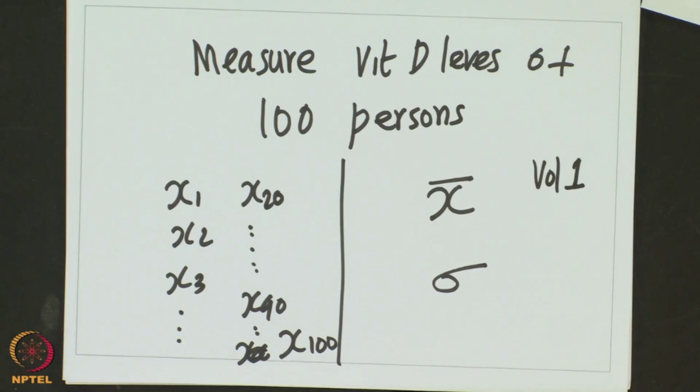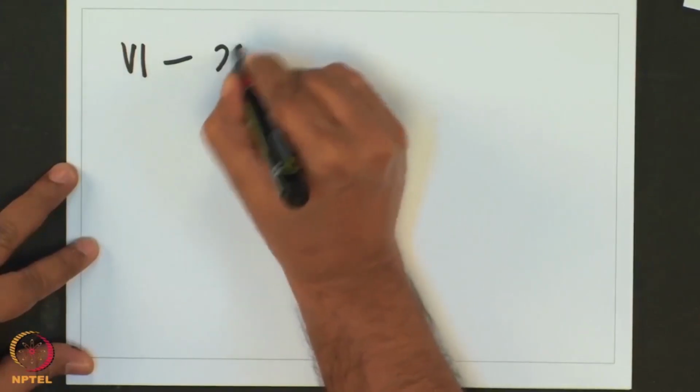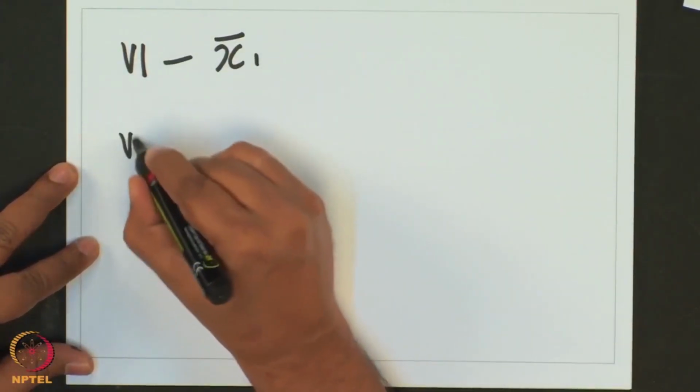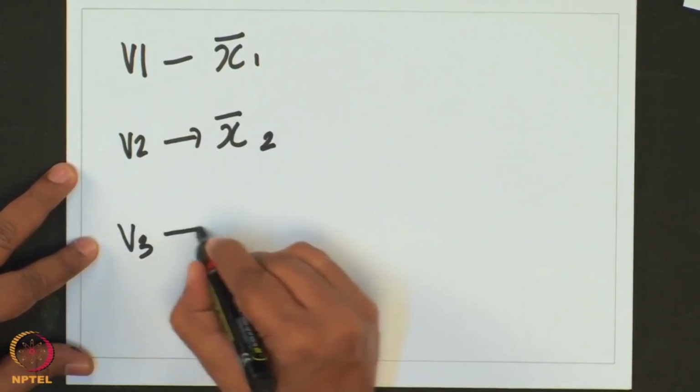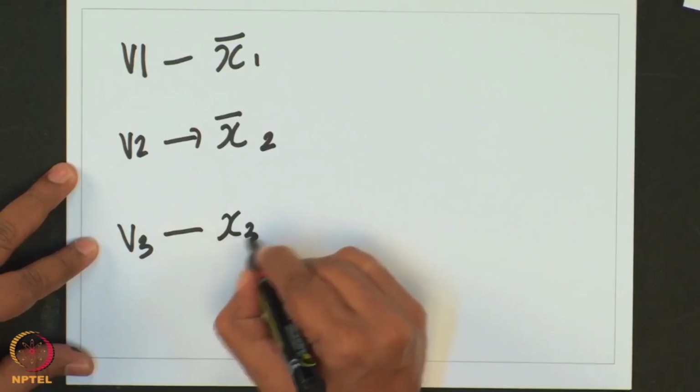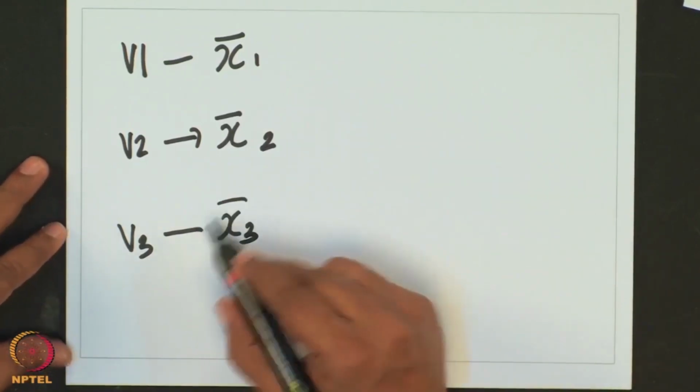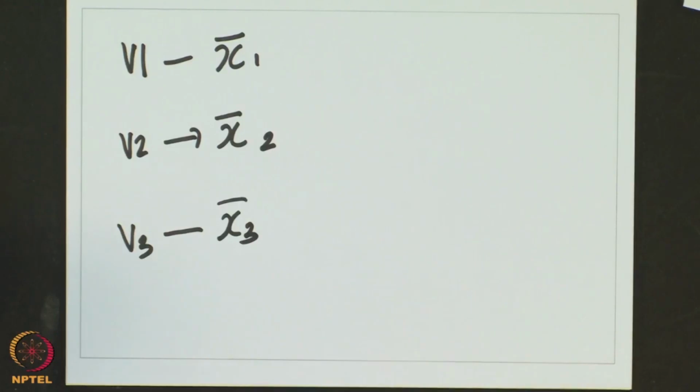Similarly, there are 1000 volunteers going around in different parts of the country. Each volunteer reports the mean value of the vitamin D level of 100 people. Volunteer 1 would have x bar 1. Volunteer 2 would have a different average. Volunteer 3 will have another mean value, because volunteer 3 met a different set of people.